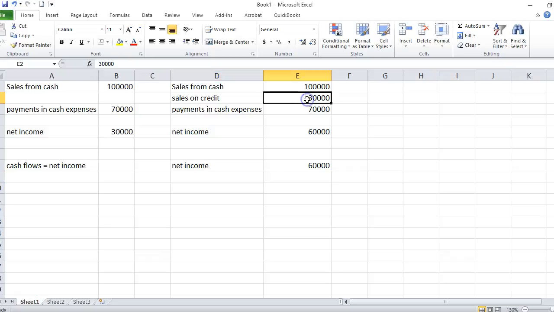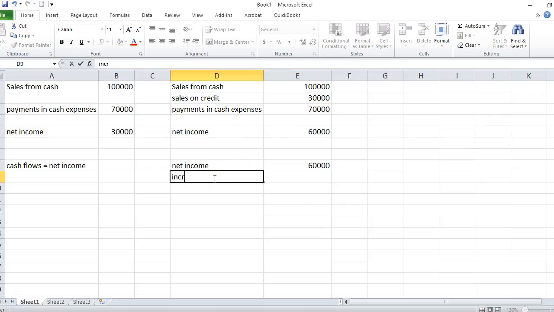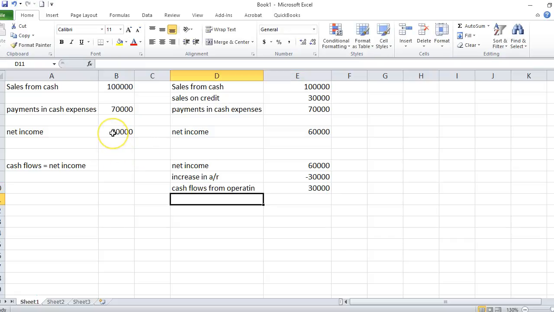So if we show an increase in accounts receivable, if we minus $30,000 because our accounts receivable increased, cash flows from operating would be $30, just like here. Okay?